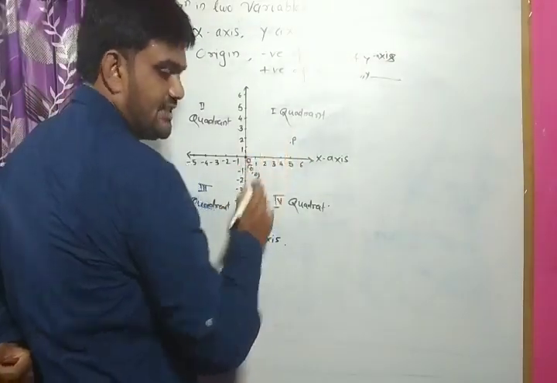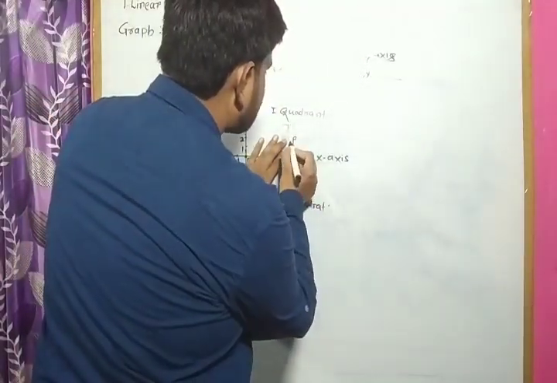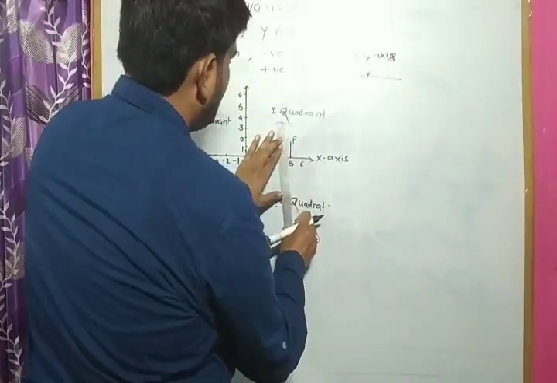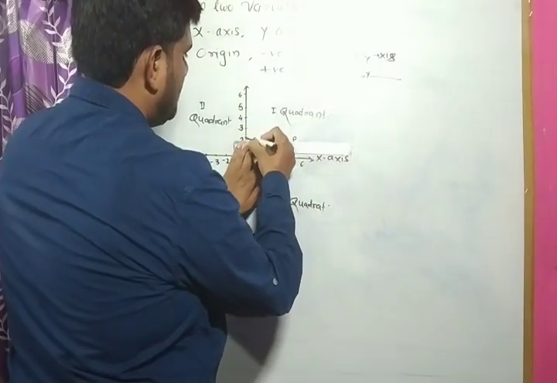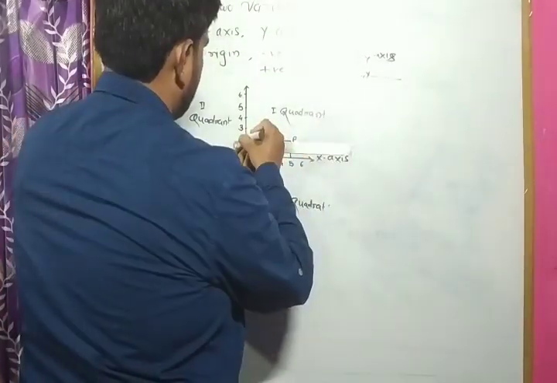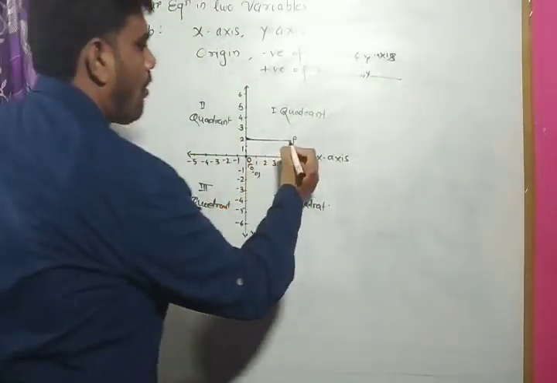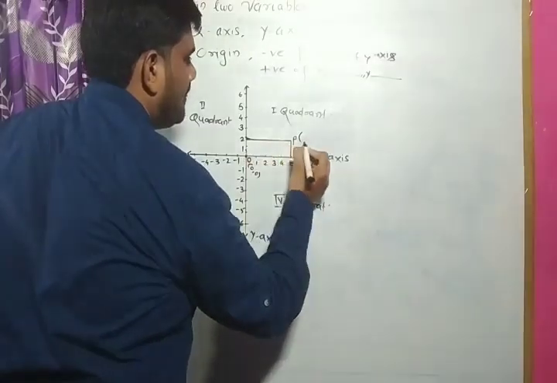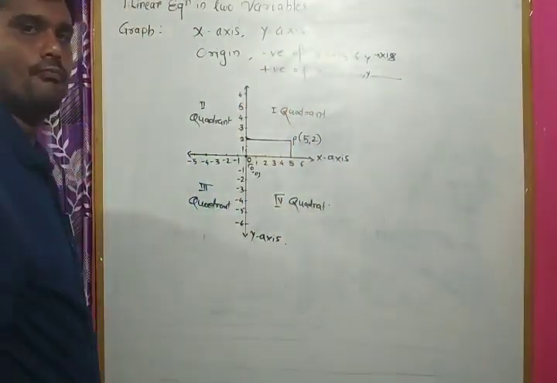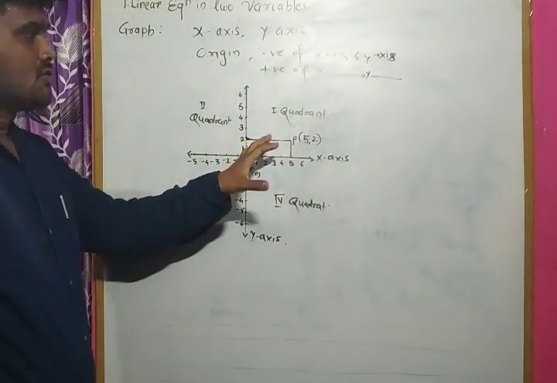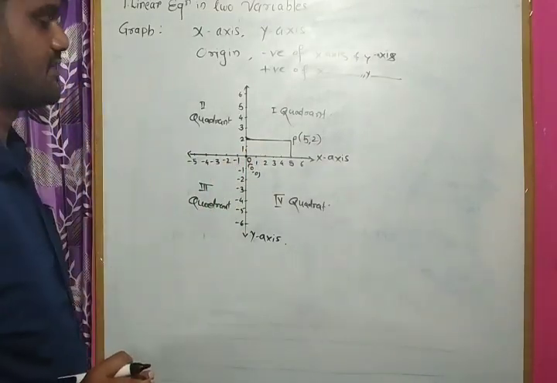Now this is the point P. Point P lies on the x-axis at the coordinate 5, and on the y-axis point P lies at the coordinate 2. So the coordinate of the point P is 5, 2. You can take any such coordinates anywhere.